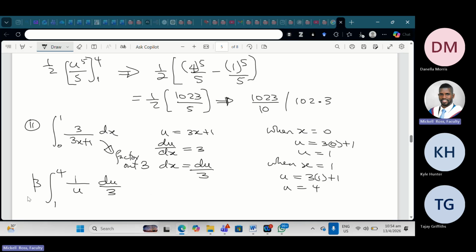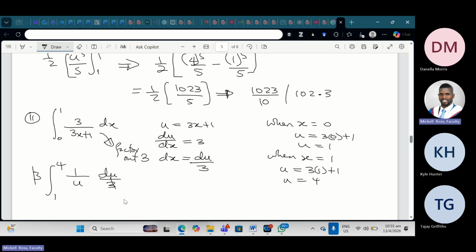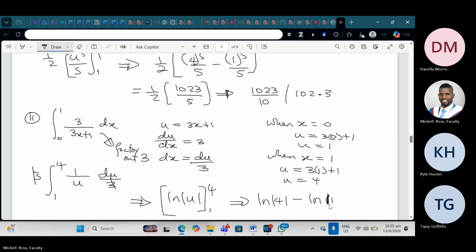Now this 3 is multiplying and this 3 is dividing, so they will cancel with each other because one is doing a division operation and one is doing a multiplying. So we're going to have the integral of 1 over u, which is just ln u, from 1 to 4, which is the ln of 4 minus the ln of 1.